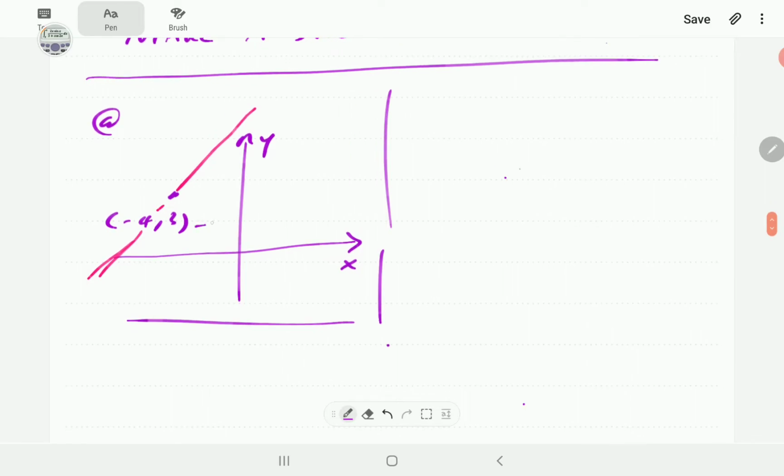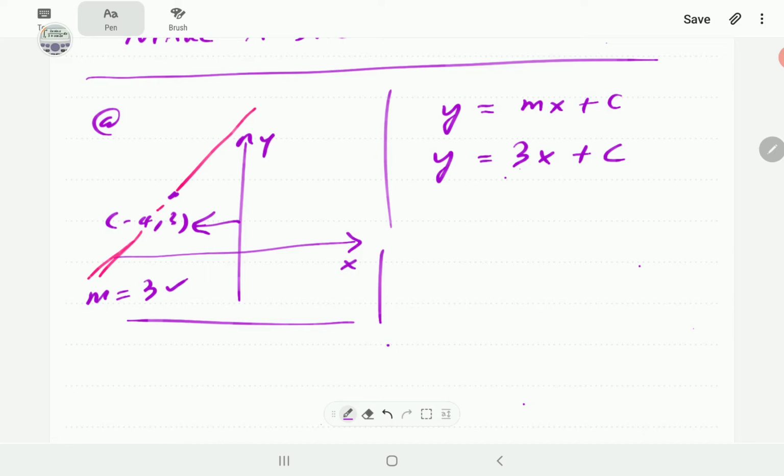So we're given this point, we're given that the gradient is 3. So what we do is starting from this equation, we straight away plug in 3. So 3x plus c. Then we need to find c. We have already used this information. To find c, we need to use the fact that the line goes through minus 4, 3.